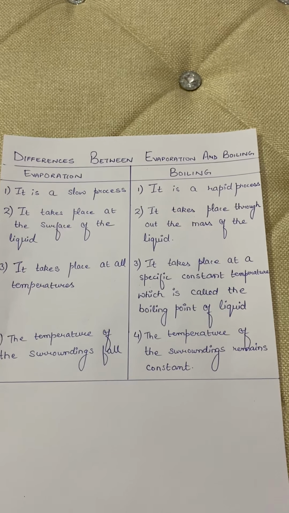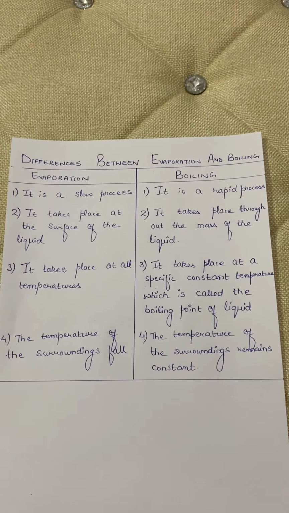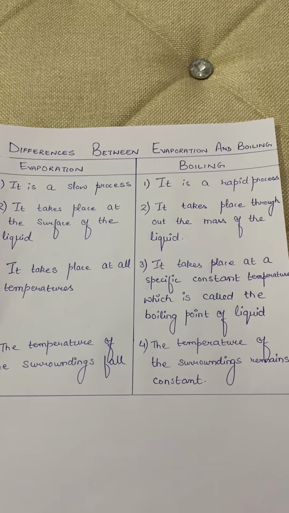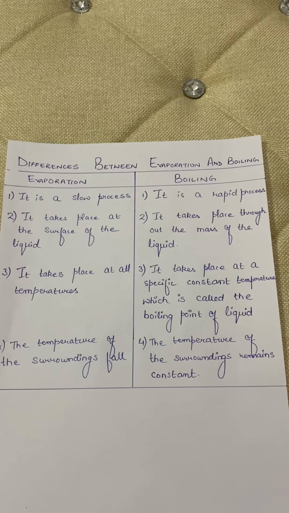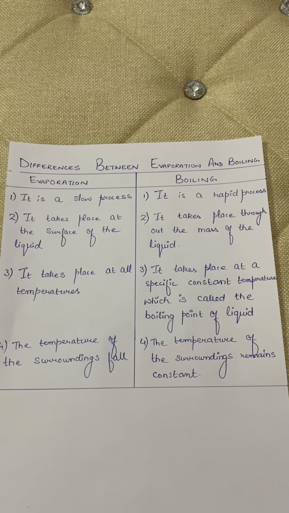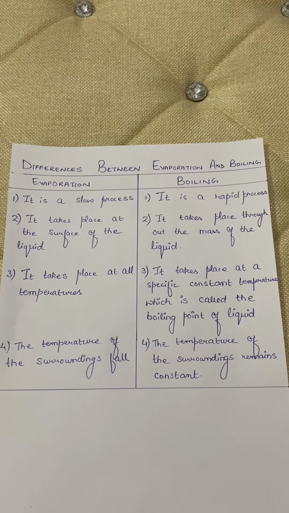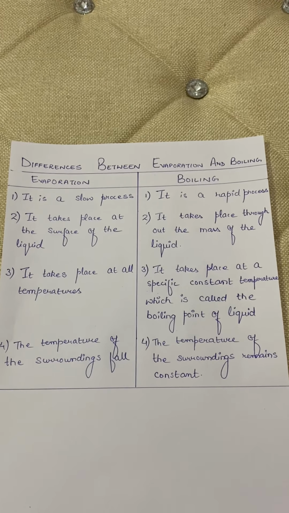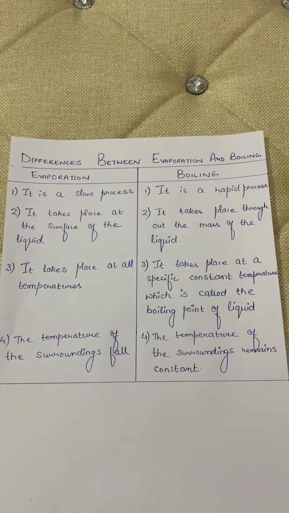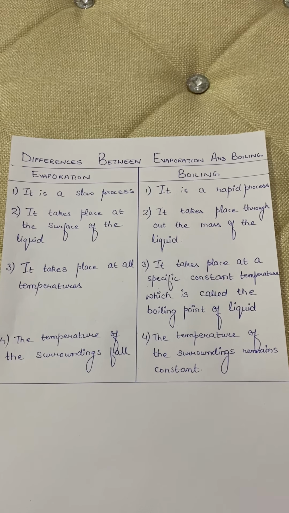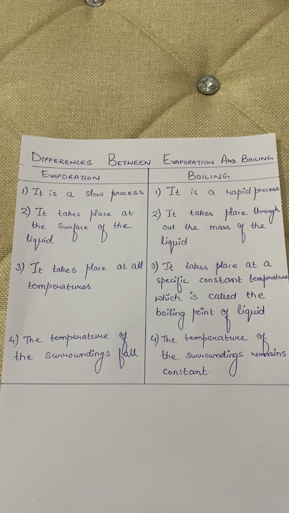Third, evaporation takes place at all temperatures, while boiling takes place at a specific constant temperature, which is called the boiling point of the liquid. And the fourth, and one of the most important: evaporation always lowers the temperature of the surrounding, and this is the reason why it is said evaporation causes a cooling effect, whereas in boiling we always supply heat energy from outside, so there is no cooling process in boiling.